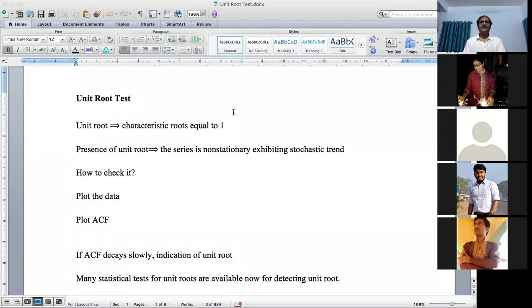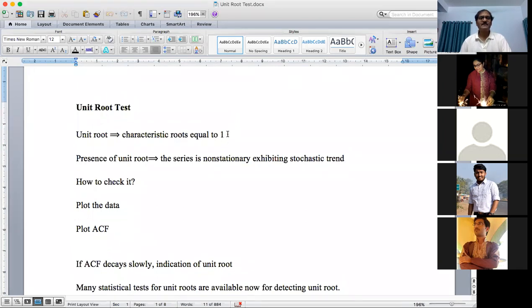But when we have data only, on the basis of the data, how do we identify whether the series has unit roots? So this is the topic of discussion for today.